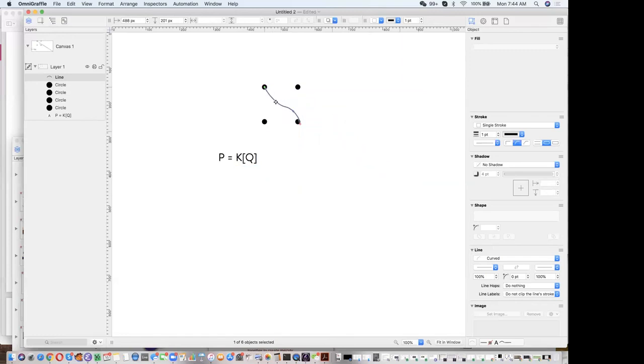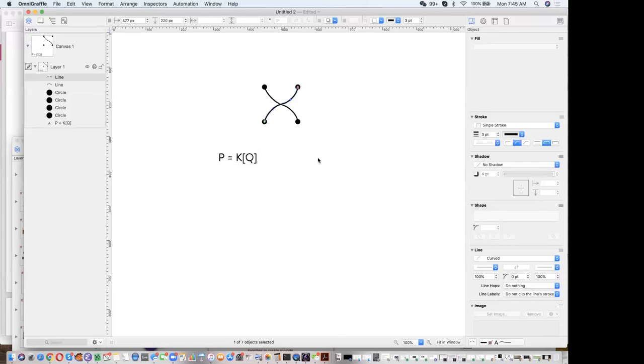All right, here's one edge. And here's the other. So there's a crossing, right?